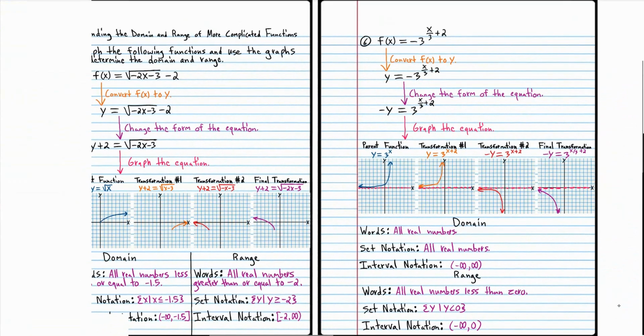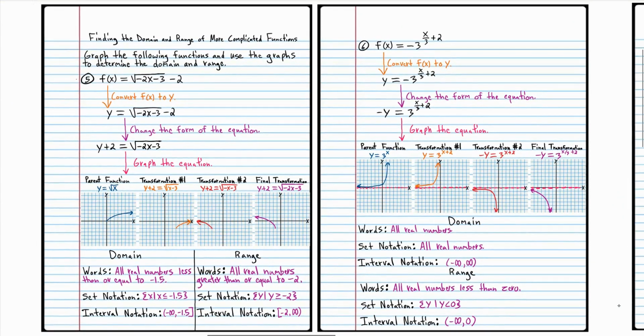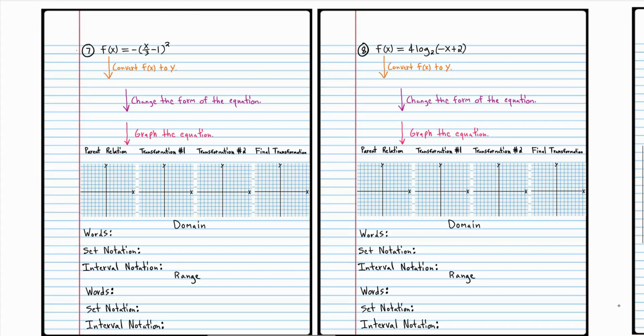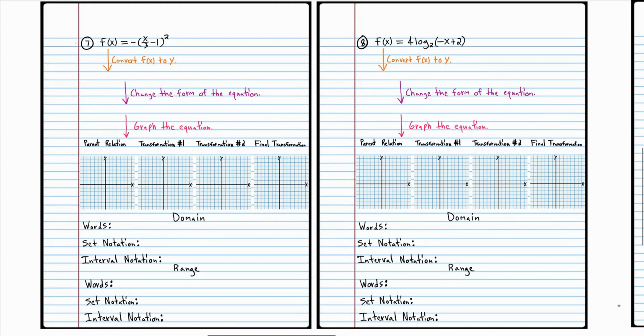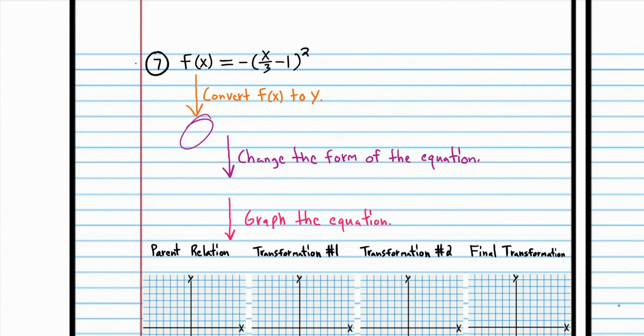Now I want you to get a screenshot or a picture of these problems with your phone, because you're about to do 2 of these types of problems. So you can use these 2 problems as a guide. I want you to try number 7. So you want to change f of x to y, and then you want to put this negative symbol on the other side of the equation.